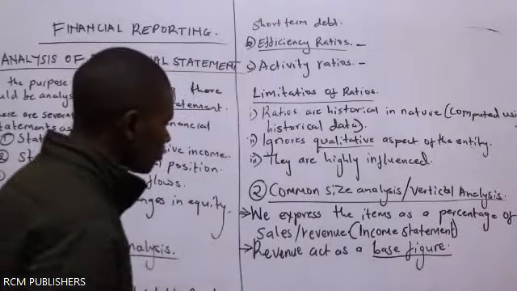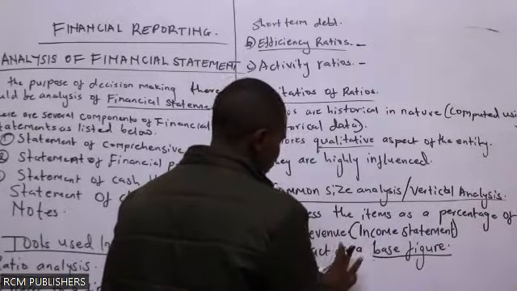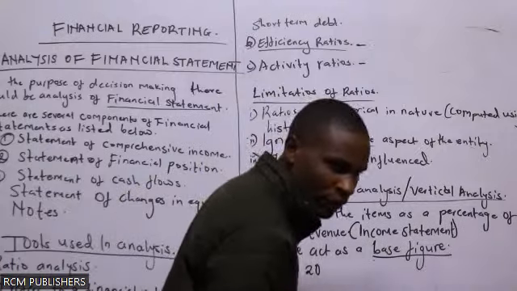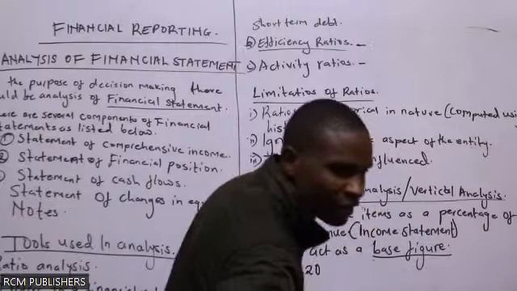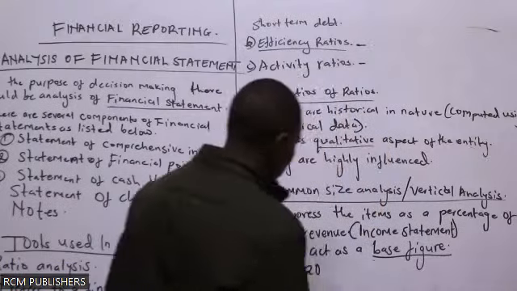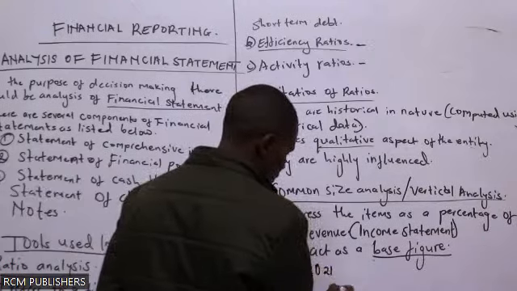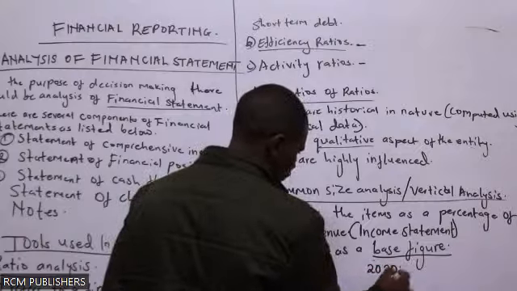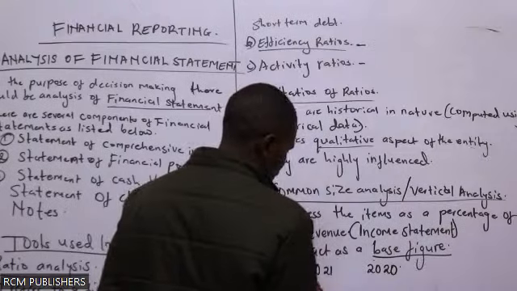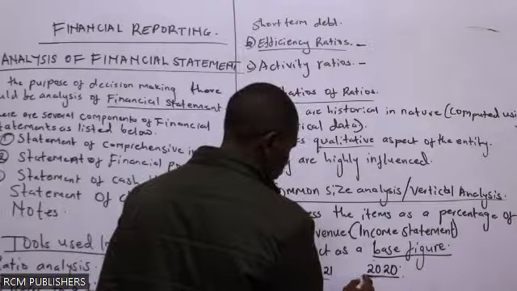For example, let me now show you how we shall be doing this. This is Morris Limited, a company for the 2021 financial year, and 2021 and 2020.